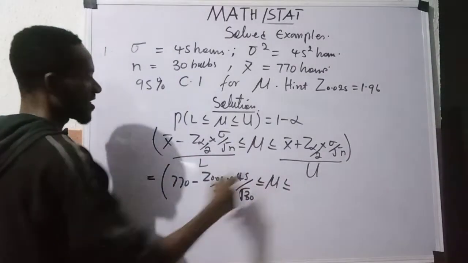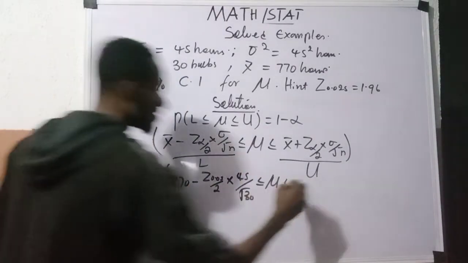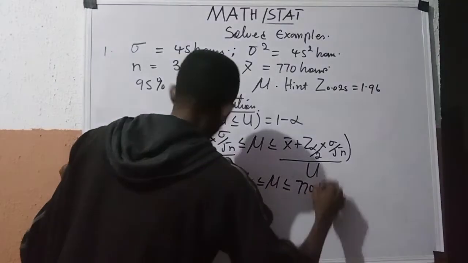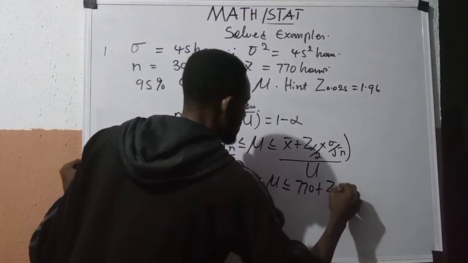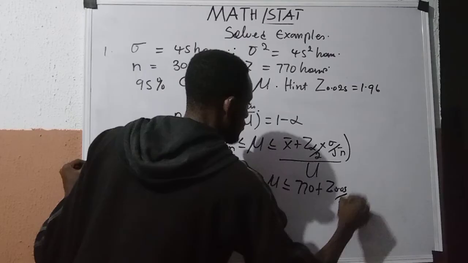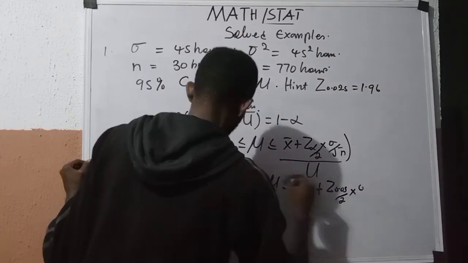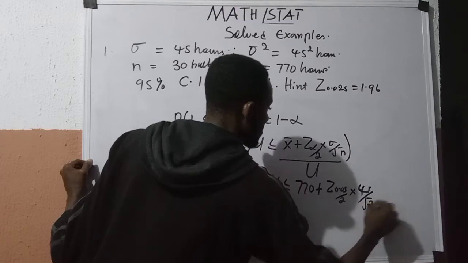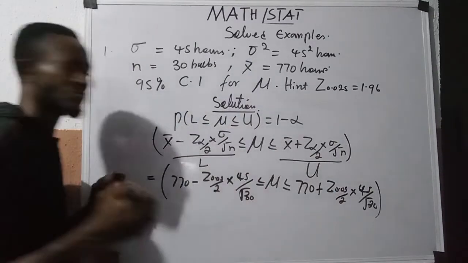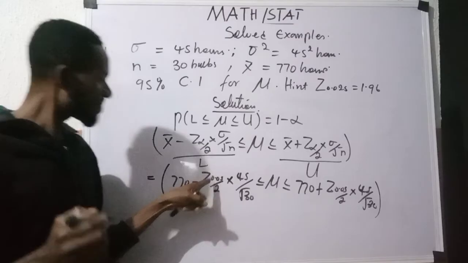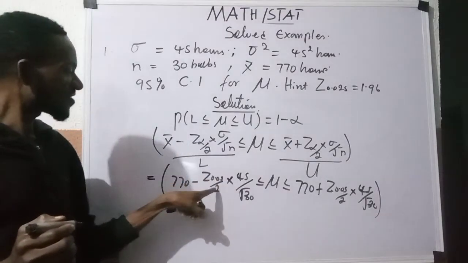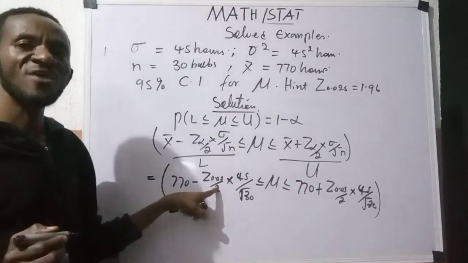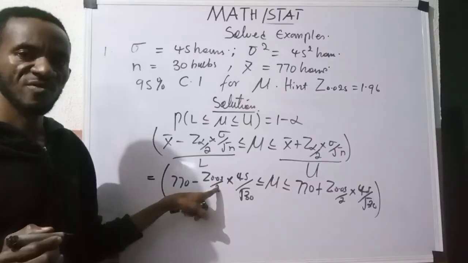The whole thing that is written here will be written here, except that here is going to be positive. So here is 770 plus z of 0.05 all over 2 multiplied by 45 all over root 30. You close it. And do remember that 0.05 divided by 2 is 0.025.